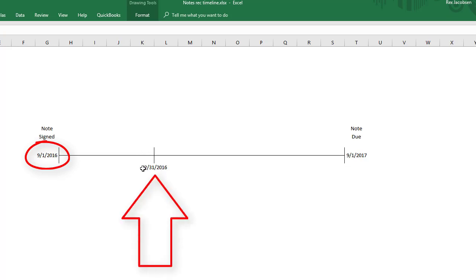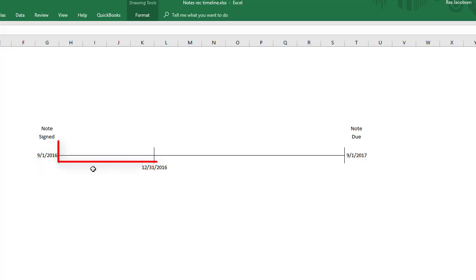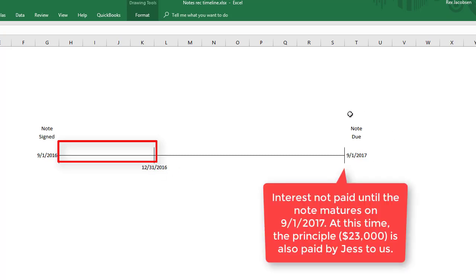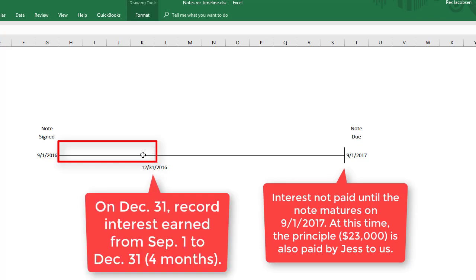So we have to record the interest we have earned, but not yet received, from September 1 to December 31st. Now remember, the way that a note works is interest is not paid until the note is due 12 months later on September 1st, 2017. So we're not going to receive any cash until next year. So at the end of the year, we have to record our interest that we have earned.